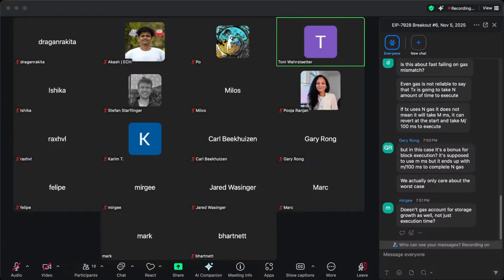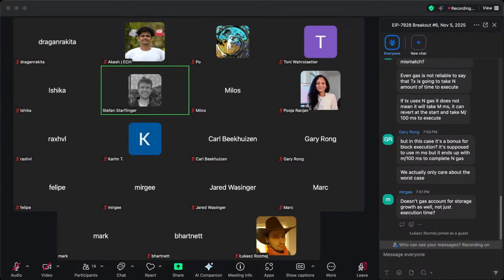Actually, the next agenda item is client and DevNet updates. So if you want, Stefan, I would invite you to give us an update there. So we overhauled a little bit how we do DevNets. We added a new boot node setup. So that's why we've been iterating on our side a little bit.